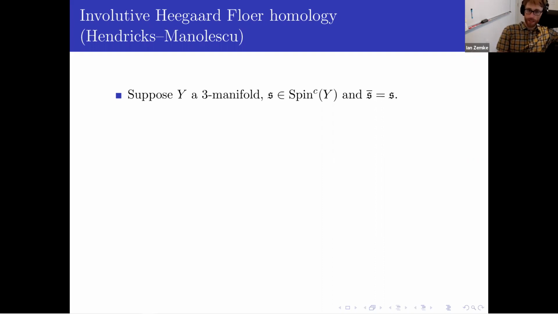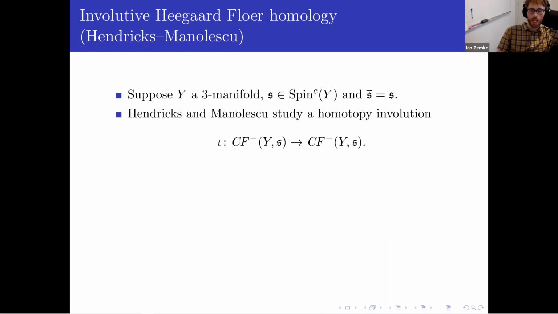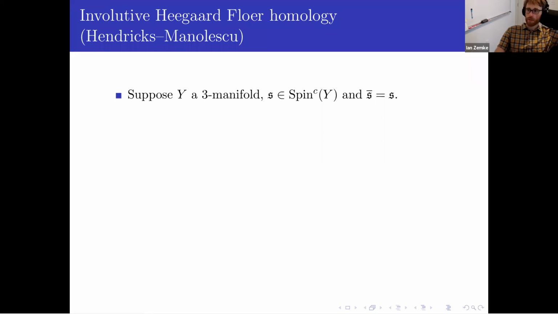So there are all these different ways of looking at it. But there's this canonical conjugation action, and a self-conjugate spin C structure is morally the same as a spin structure. It's not quite a one-to-one correspondence, but you can write down what it is. But morally, they're the same.